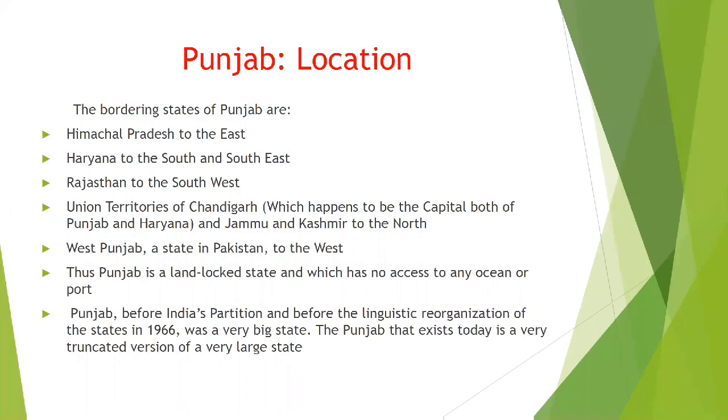What exists today as Punjab is only a very truncated version of what once was a very large state. The linguistic reorganization of the states took place in 1966, and on the basis of language, Punjab was divided into 3 states. Punjab, which is predominantly Punjabi speaking, Haryana, which is predominantly Hindi speaking or various dialects of Hindi or a language called Puadh, I'll come to that later on, and Pahadi speaking languages went to Himachal.